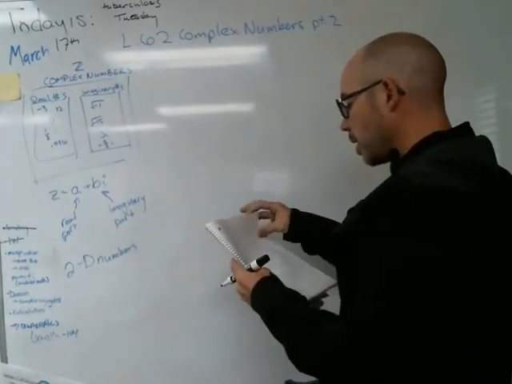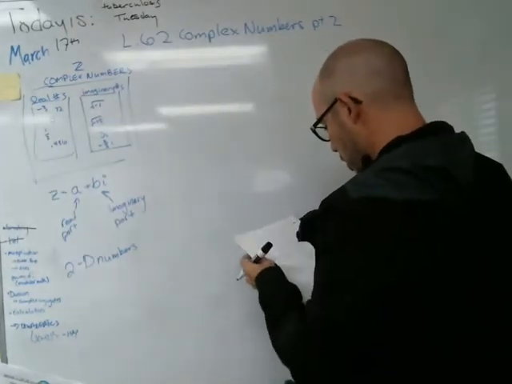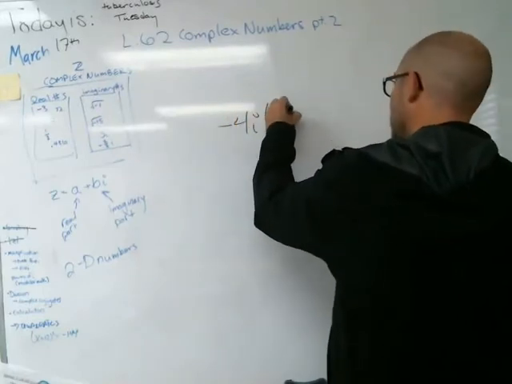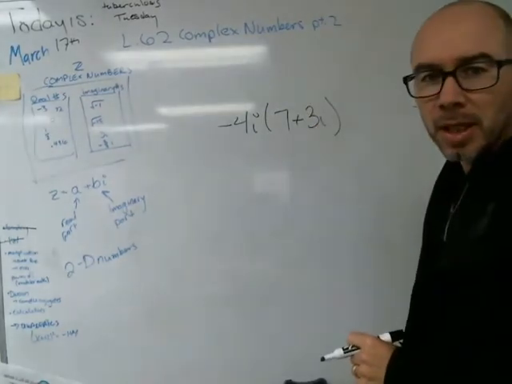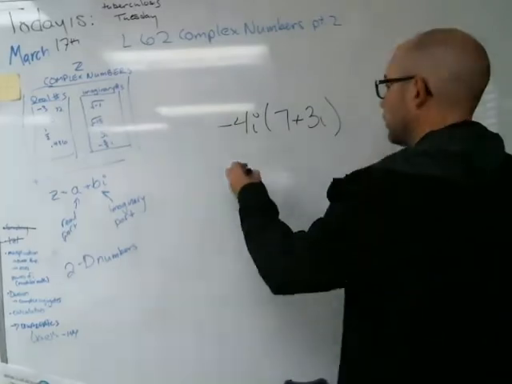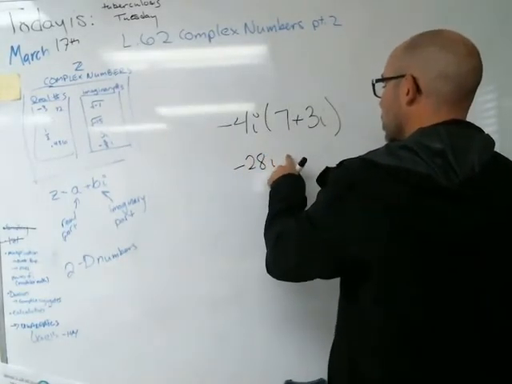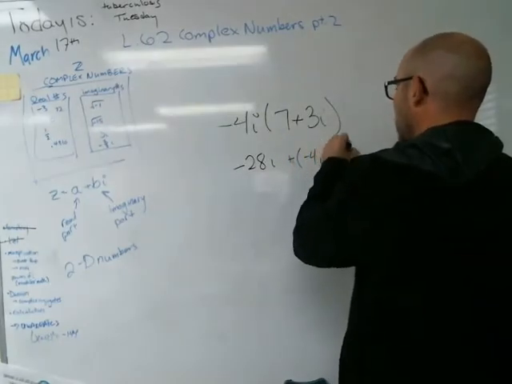We can take something like, ooh, what do we got in the book? Negative 4i times the complex number. Obviously, they're both complex numbers. I just said that. This is just distribution. We can treat that i like it's x. You get negative 28i plus negative 4i times 3i.